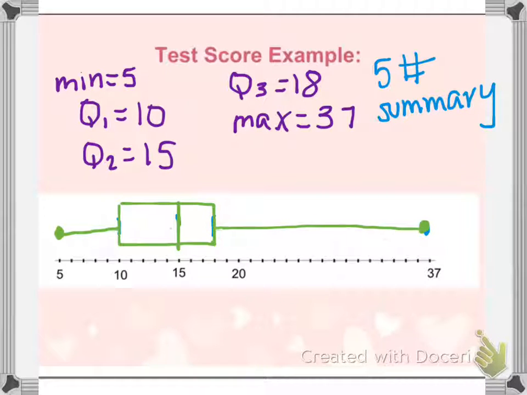Notice that this box is not perfectly lined up in the middle of your number line, so that tells you visually that the majority of the data fell down here, which we also proved by saying that 37 was an outlier. You can see it here visually with that whisker so far off to the right.